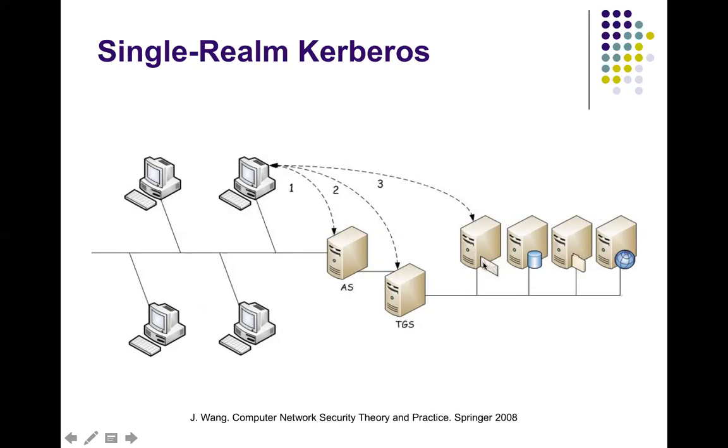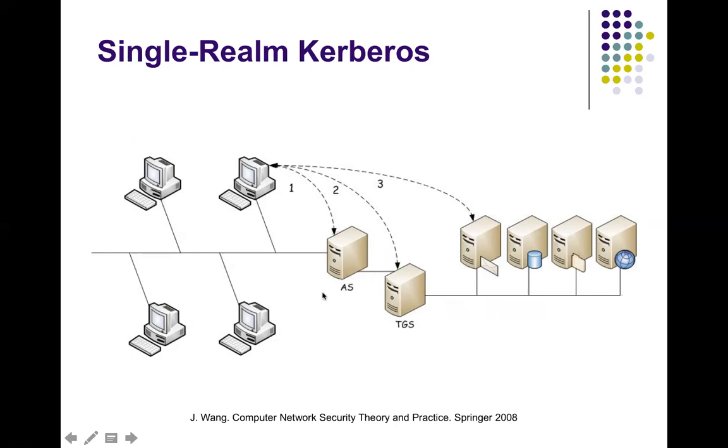So we have an email server, database server, file server, and a web server, right? Now you can think of other servers, okay? And between AS and TGS, they can communicate using a master secret key. Okay, they can authenticate each other using a master secret.